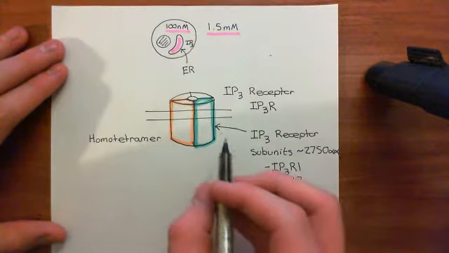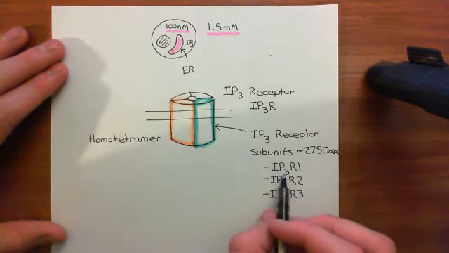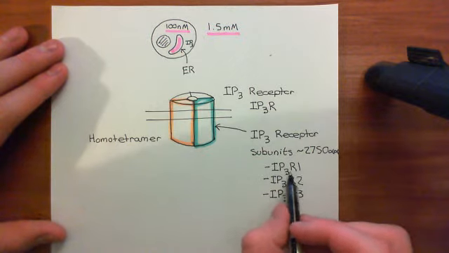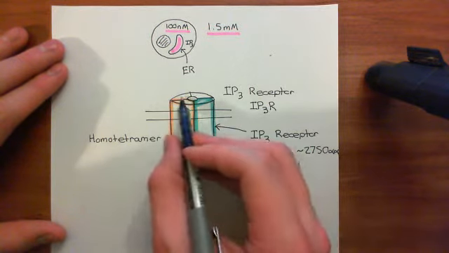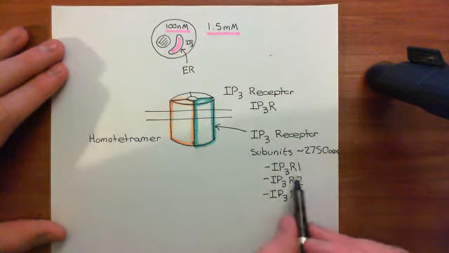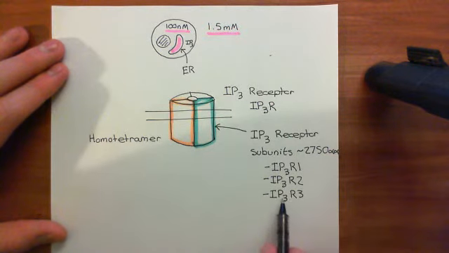Now it doesn't mean that they have to be the identical splice variants. It just means that they have to be made from the same gene. So they have to either be all type 1 IP3 receptor subunits, i.e. made from this gene, or all type 2 IP3 receptor subunits, i.e. made from this gene, or all type 3 IP3 receptor subunits, i.e. made from this gene.